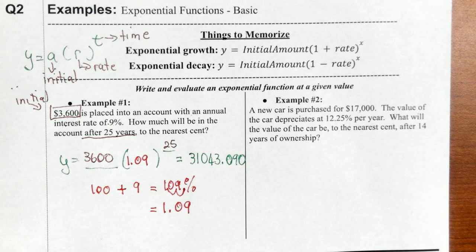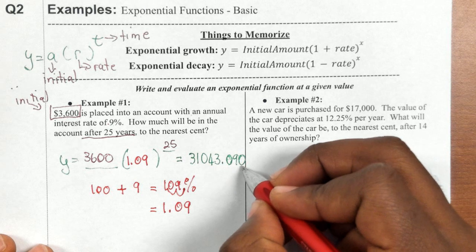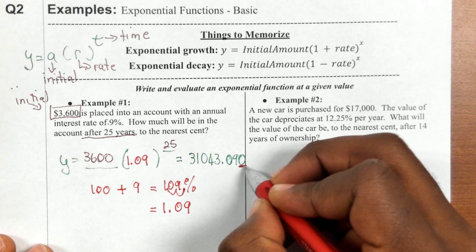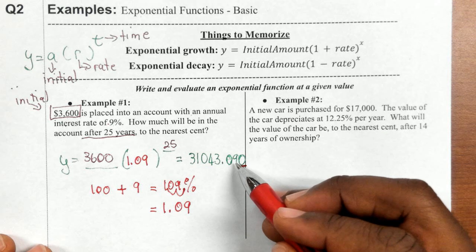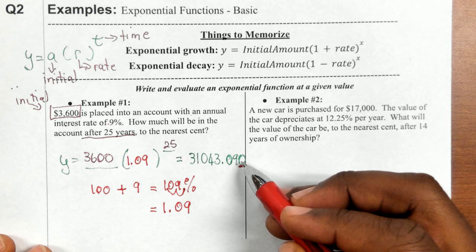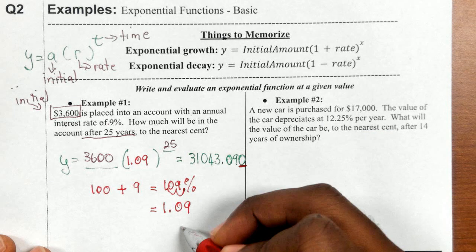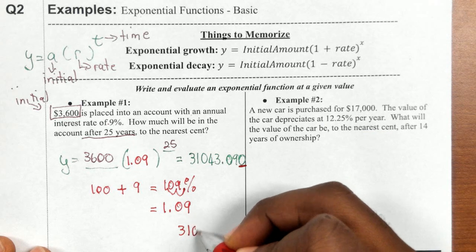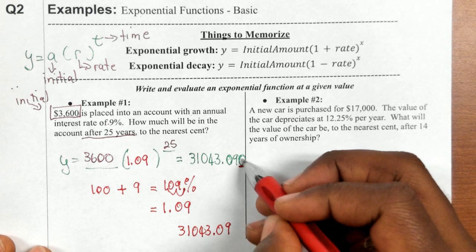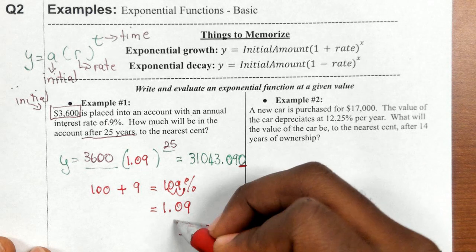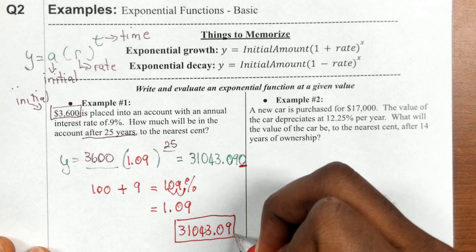When you're doing nearest cent, you look at the third number after the decimal point. If that number is 5 or larger, the number to the left will go up by 1. Because it is not 5 or larger, my answer is 31,043.09. So everything in front of what I underlined. So again, this is my answer.